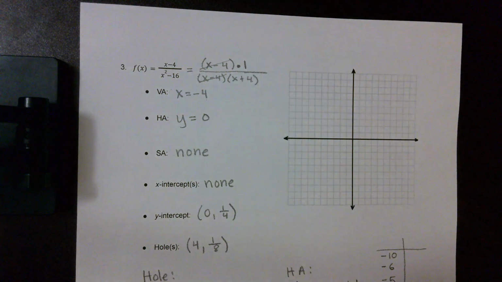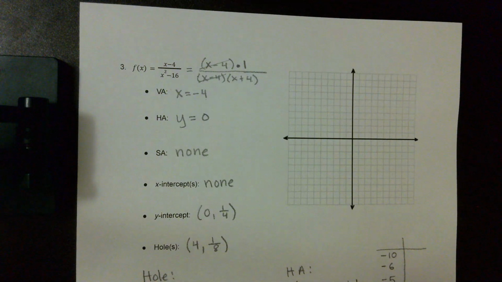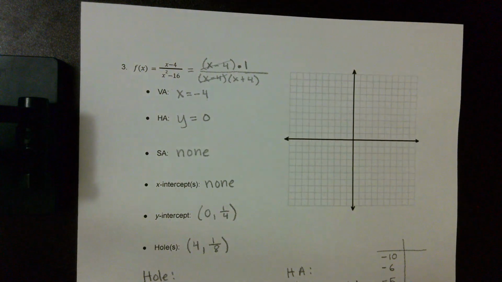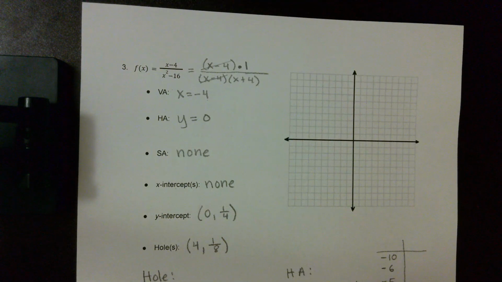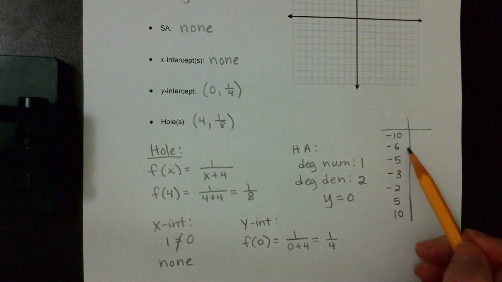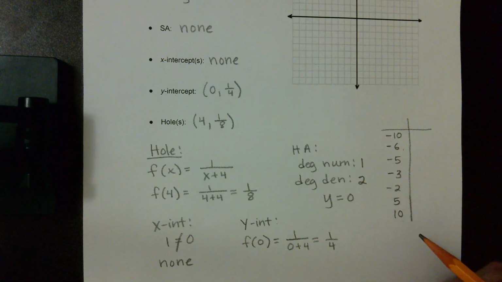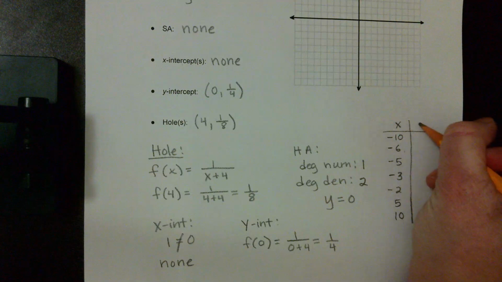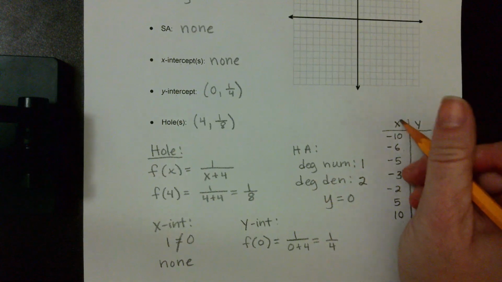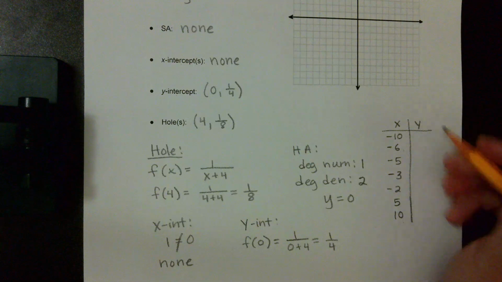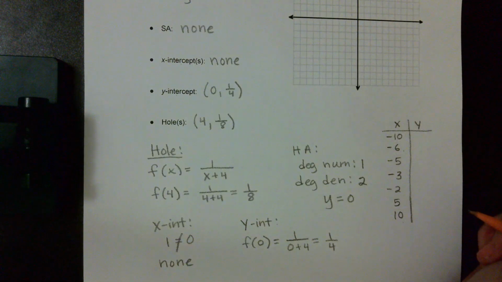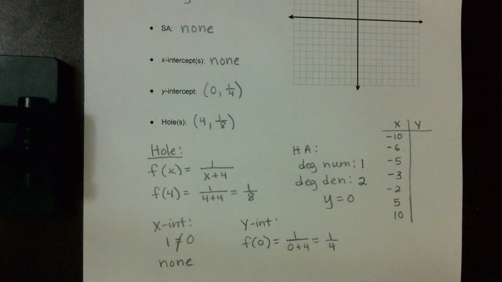And then I'm also going to include in my table -3, -2, and I'm just going to do 5 and 10. So -10, -6, -5, -3, -2, 5, and 10. Okay, so take a pause for a second, use a calculator or do it by hand and figure out all these values. You can use the reduced function.